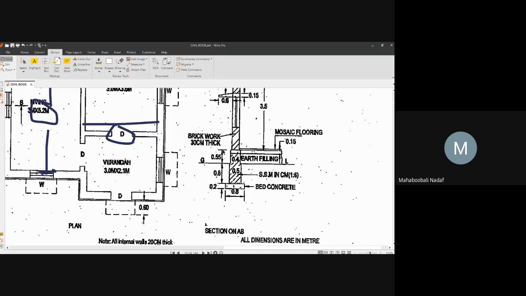The bottom height is 0.8, correct. But the above height is 0.55 minus 0.15, that is 0.4. Now you have got two depths and two widths.